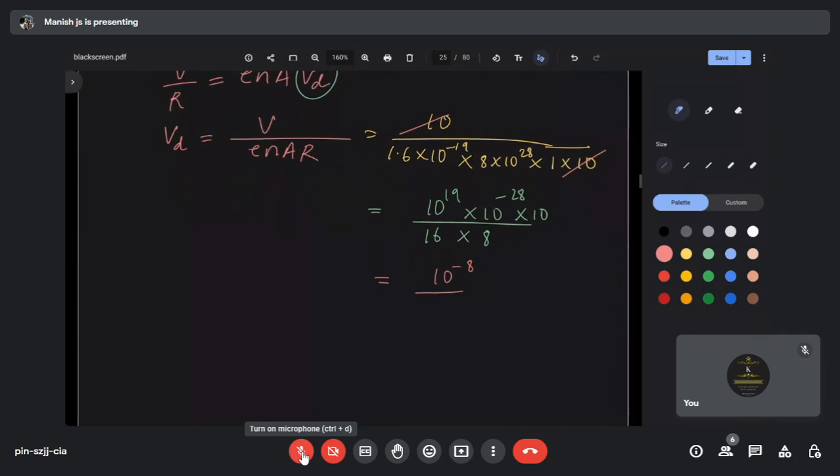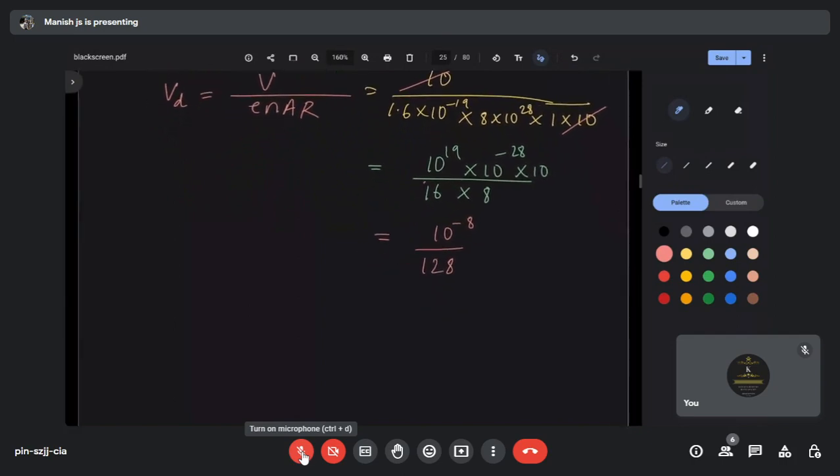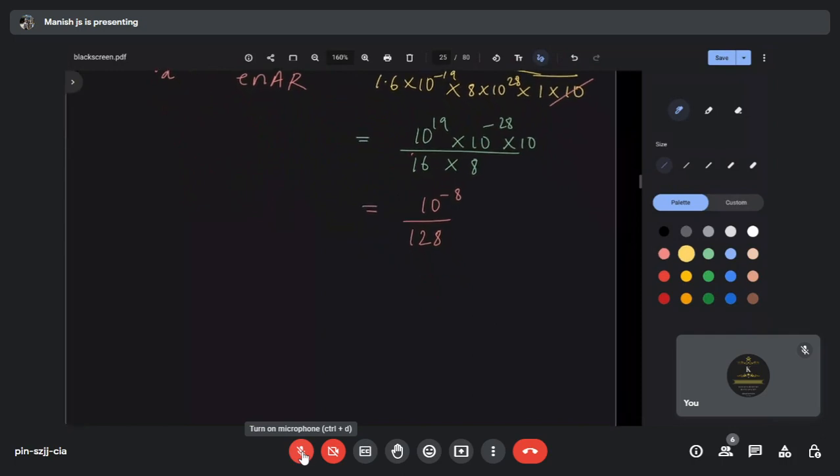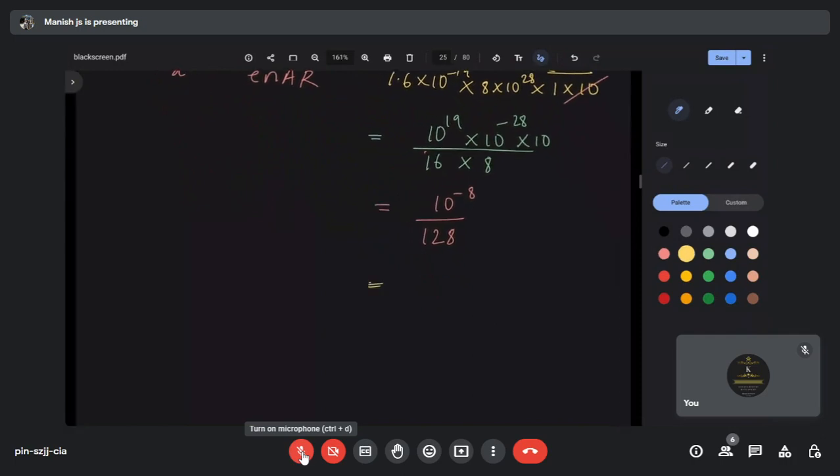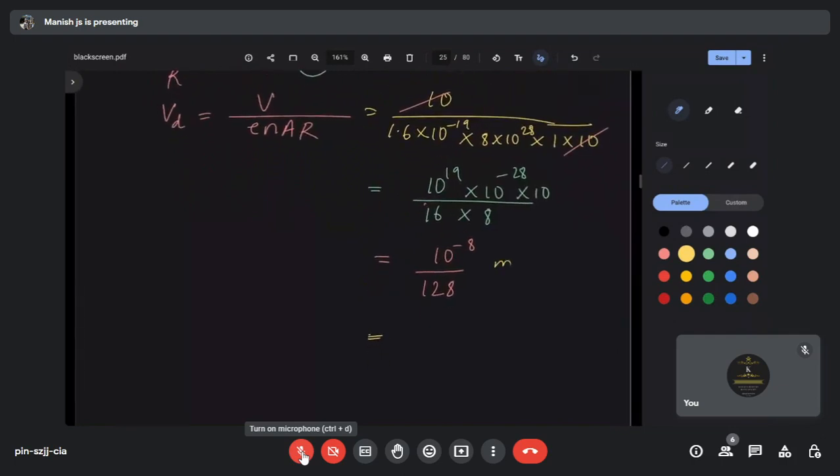If you multiply, how much are you getting? 128, sir. Okay. 10 power minus 8 upon 128. Now 1 by 128 in decimals you have to express. So this is already in millimeters per second only now. The units are millimeters per second. So 1 by 128 in decimals, how much are you getting?